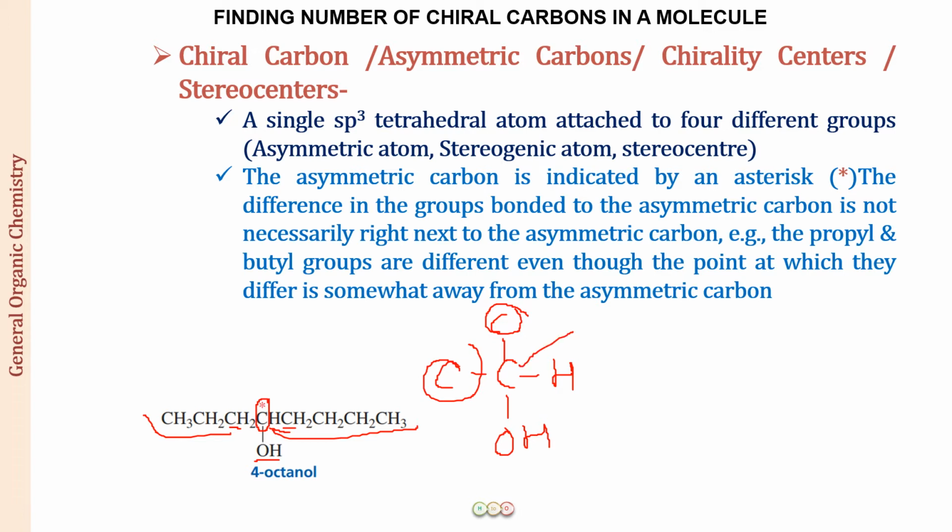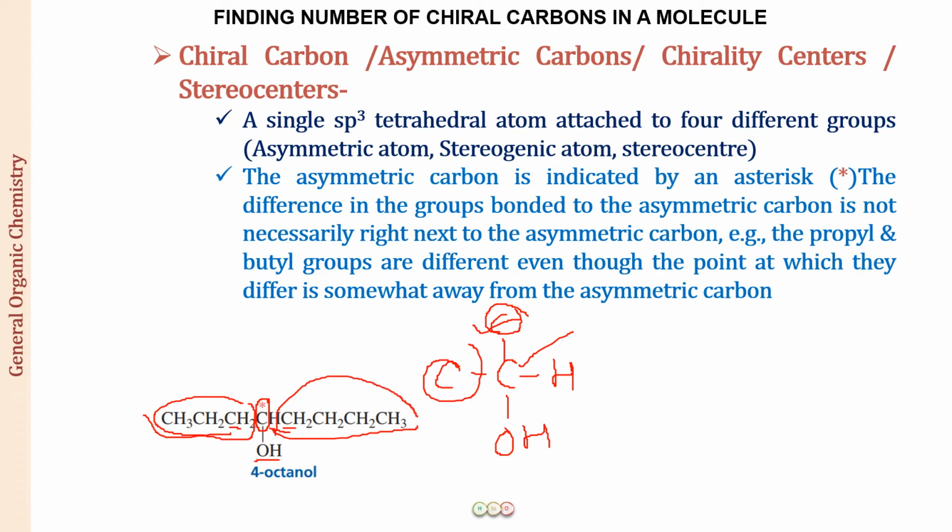Why are we calling it a chiral carbon, when the necessary condition is that it should have 4 different groups? We are not saying atoms, we are saying groups, and the groups around this carbon in the molecule are going to be a propyl and a butyl.